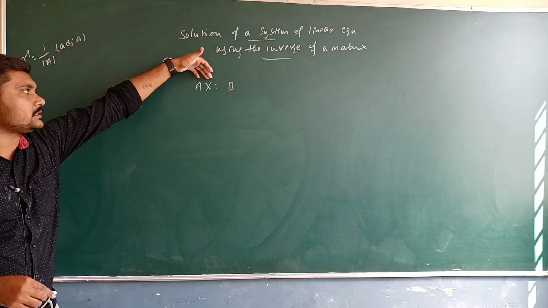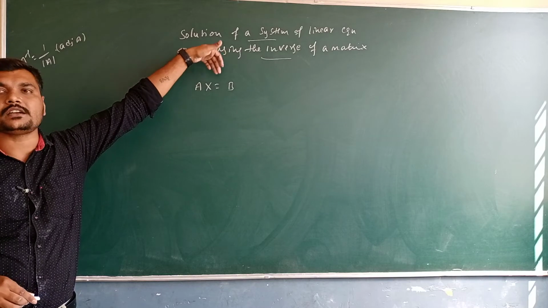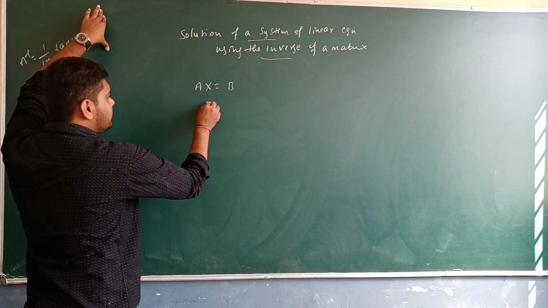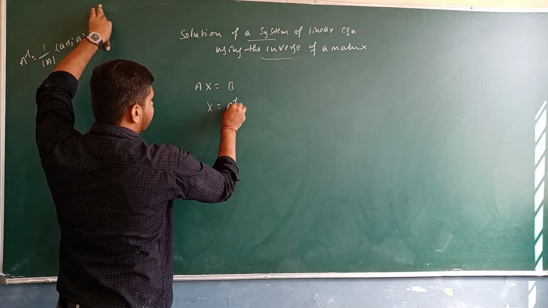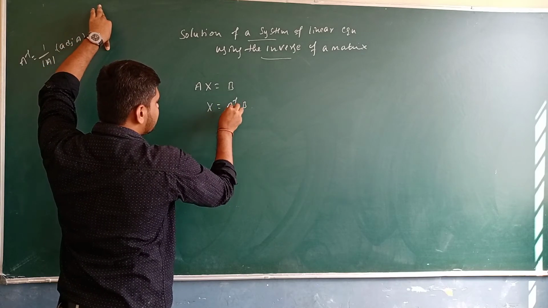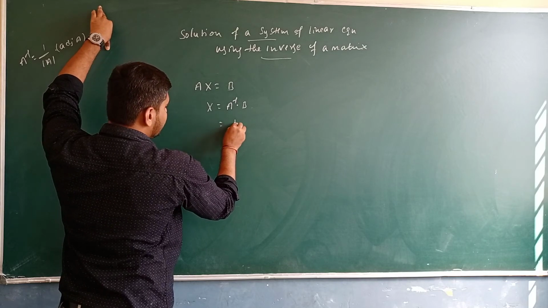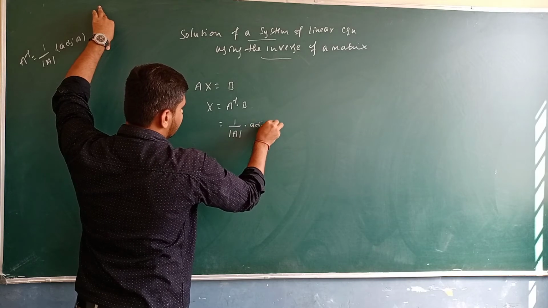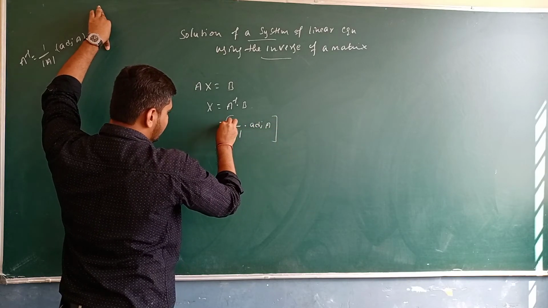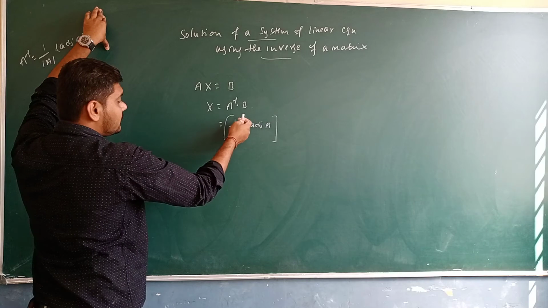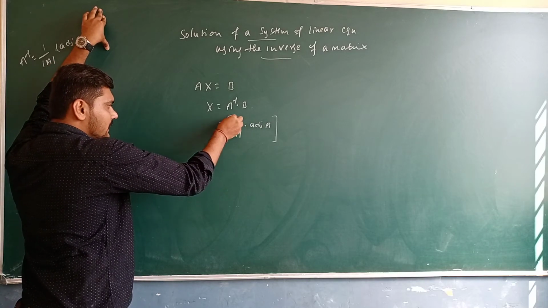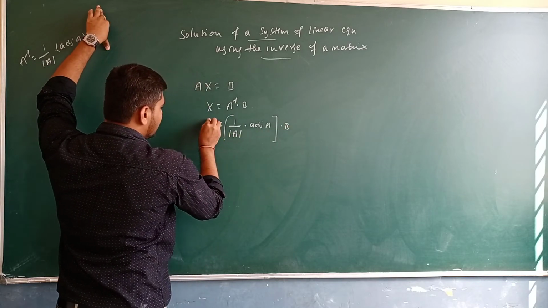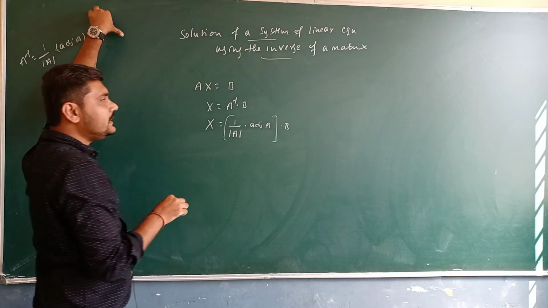To find X, the elements X and Y which are the solution for those linear equations, we can say that X is equal to A inverse into B. A inverse we already know: 1 divided by determinant of A into adjoint of A. So this is the matrix obtained by multiplying 1 divided by determinant of A, which is a real number, with the adjoint of A into B, which gives the resultant solution for the linear equation.